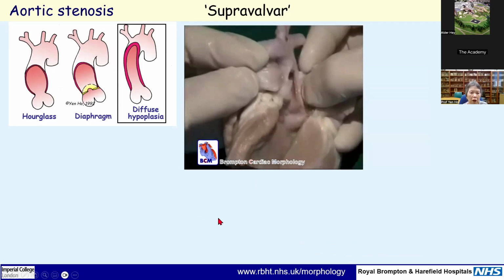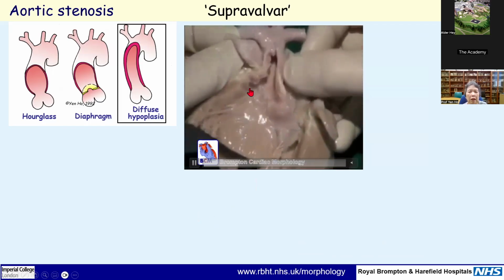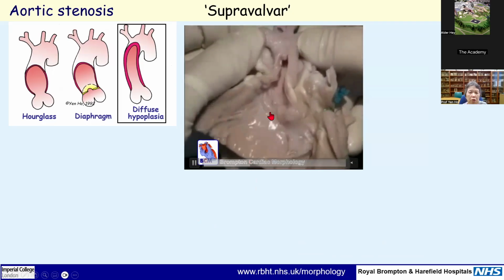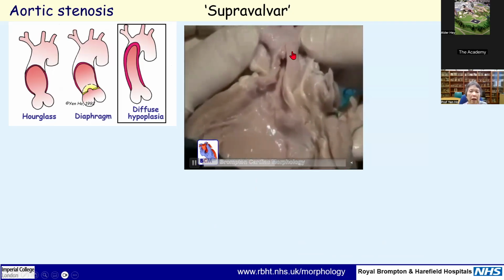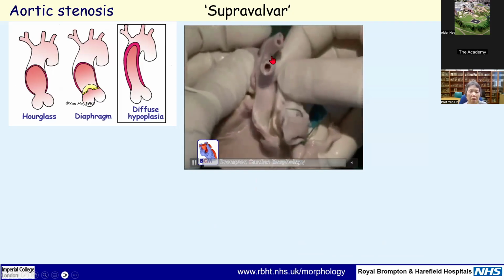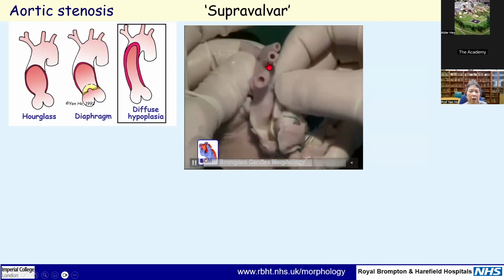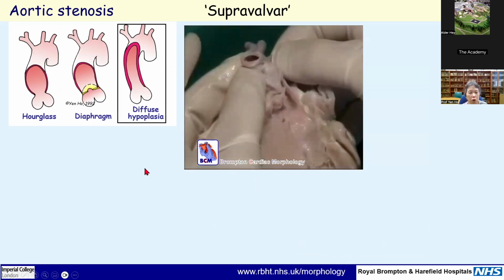The diffuse hyperplasia is shown in this specimen here. You see bulging aortic sinuses, thickened aortic leaflets, but the aortic wall itself is very much thickened. See here where the head and neck and arm arteries are, a very narrow lumen.